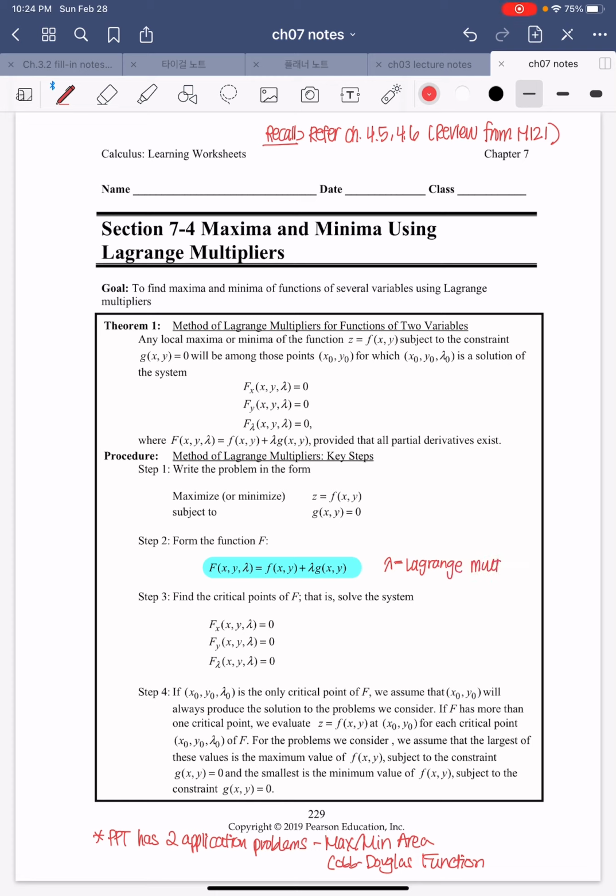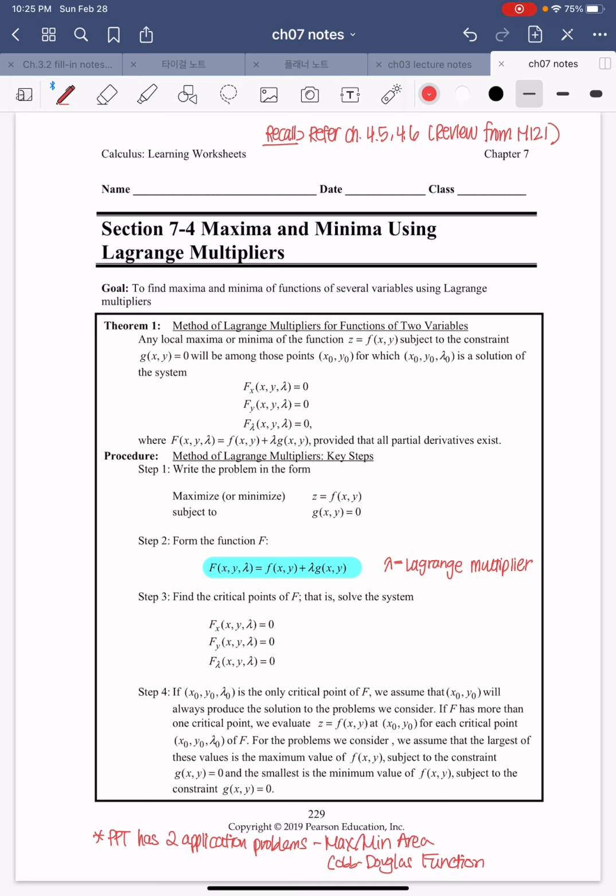Another thing is in chapter 3, when we did our implicit differentiation, we learned how to take partial derivatives. We are given a function and we were able to take the derivative in terms of x or in terms of y.